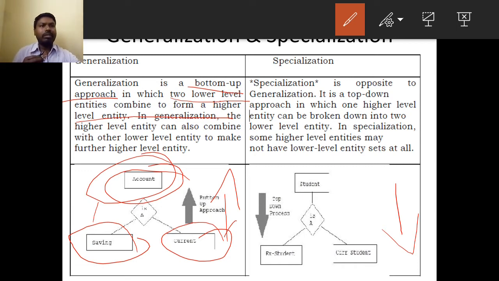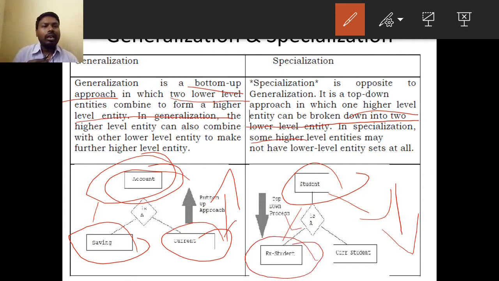Here, vice versa, we divide, which means one higher level entity can be broken down into two lower level entities. You can see a student can be divided into two entities, ex-students and current students.